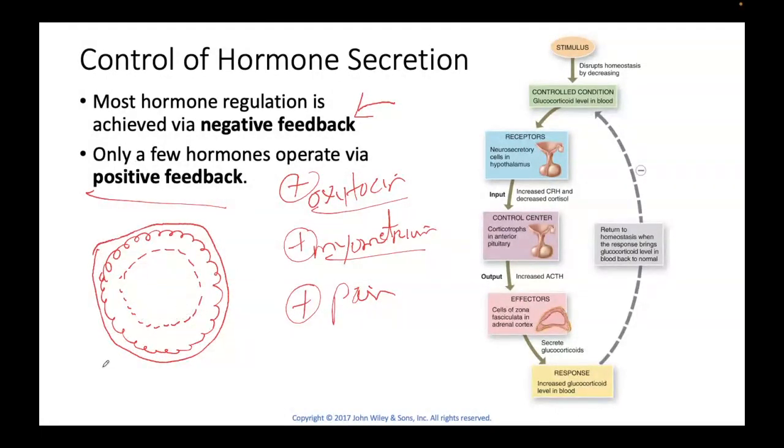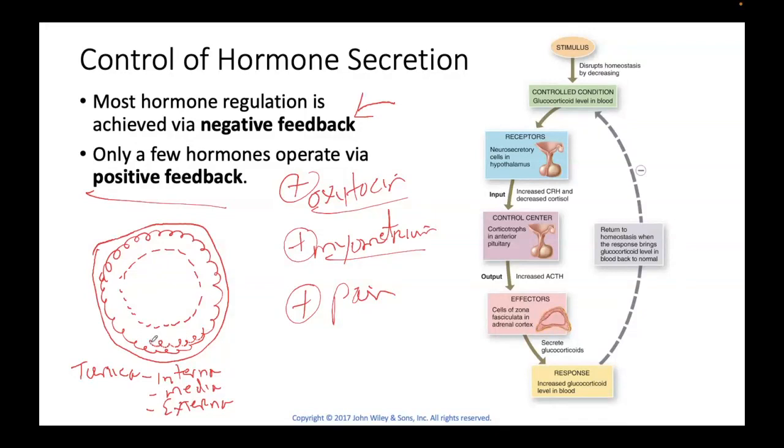They're all called tunica something. The innermost layer is called the tunica interna, the outer layer is called the tunica externa, and the middle layer is the tunica media.